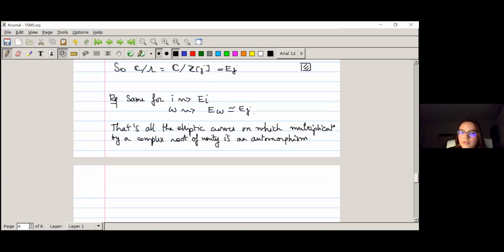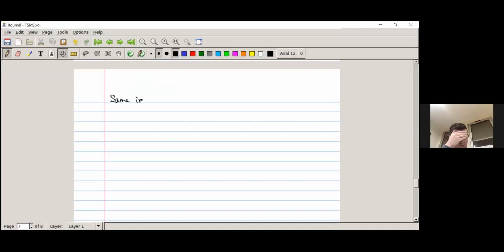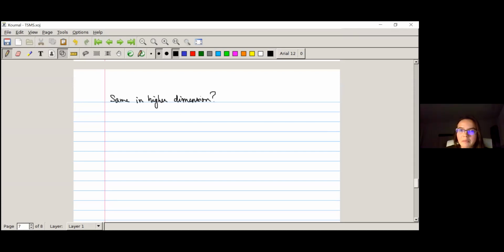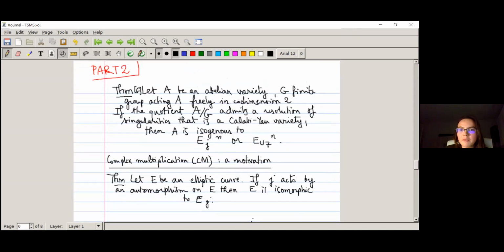And now we want to do the same in higher dimension. So why do we want to do the same in higher dimension? Let me recall the theorem.